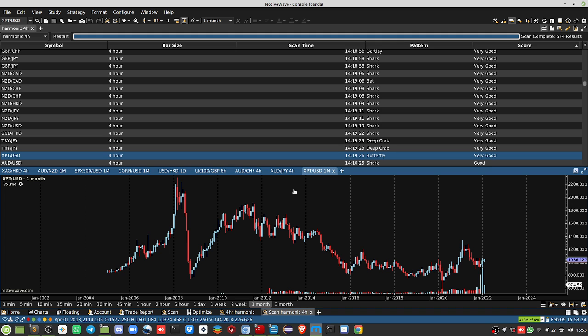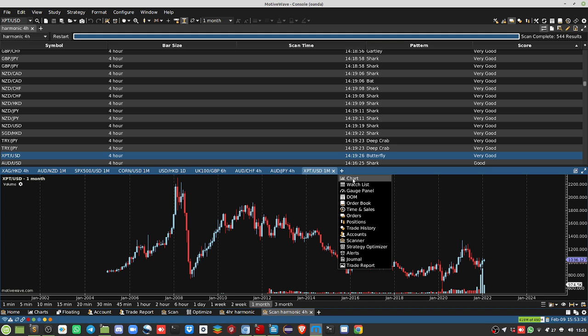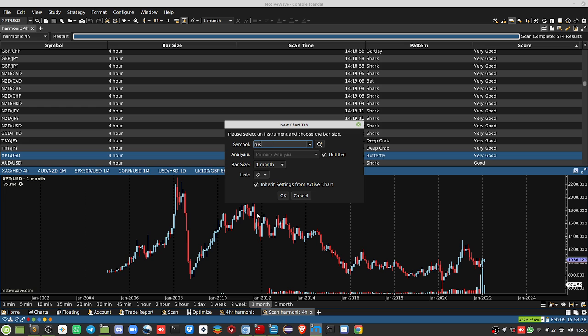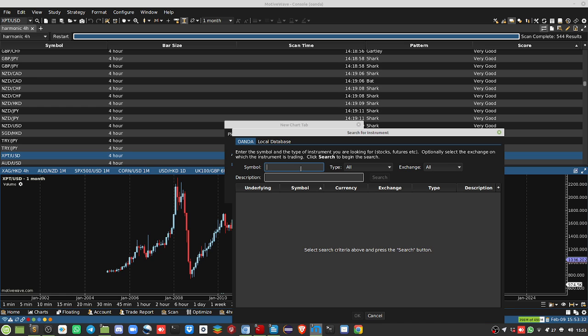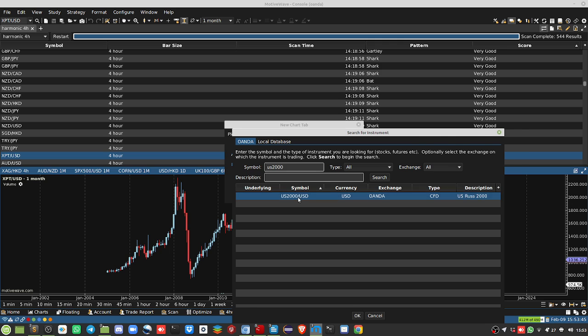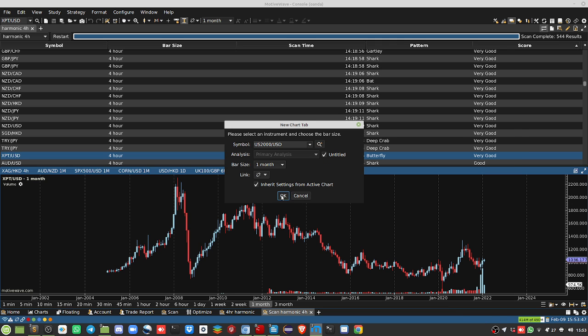Let's look at the Russell, or US 2000, I believe it is. This is another one that doesn't perform as well as the S&P 500.